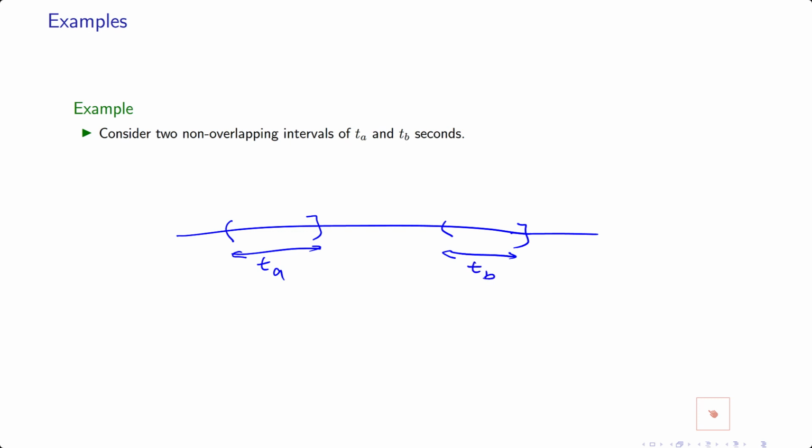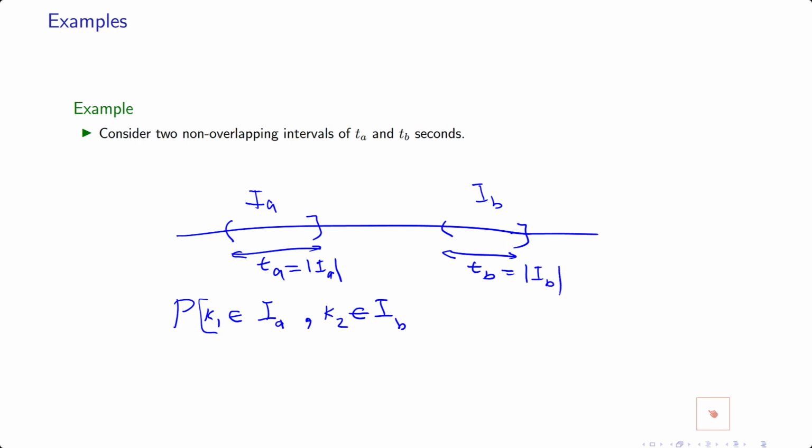Okay, so what is the probability of having K1 points in the first interval, interval A, and K2 points in the interval B? So this interval I denoted by IA, and this is IB. Obviously, Ta is the length of IA, and Tb is the length of IB.